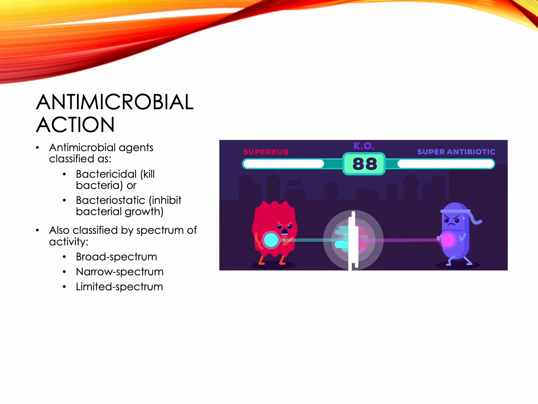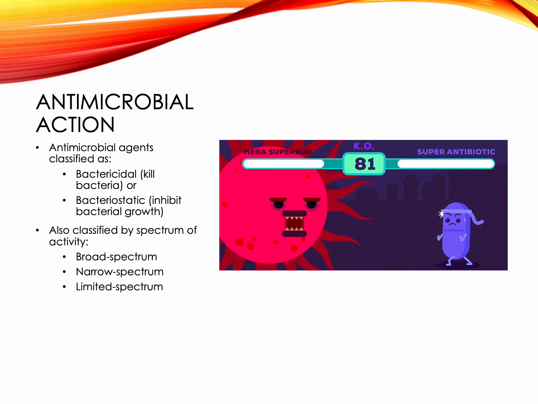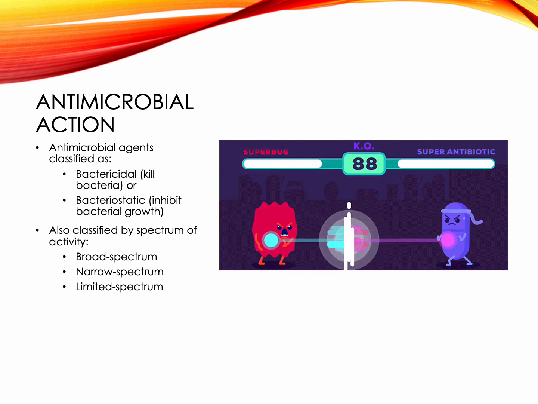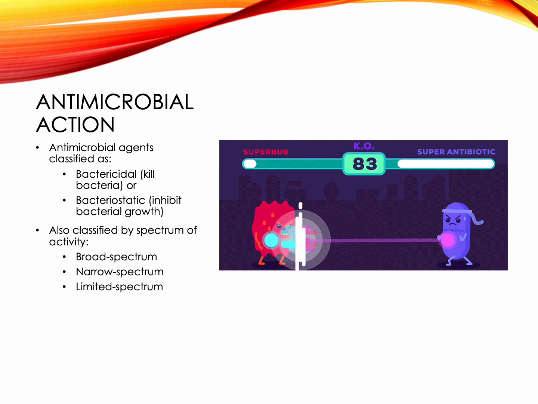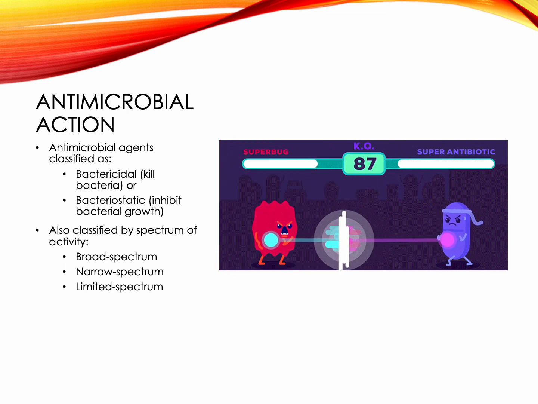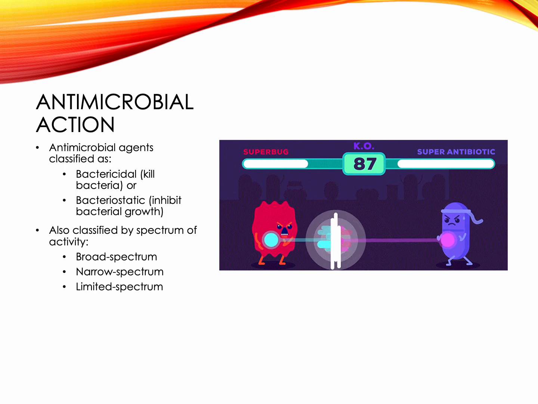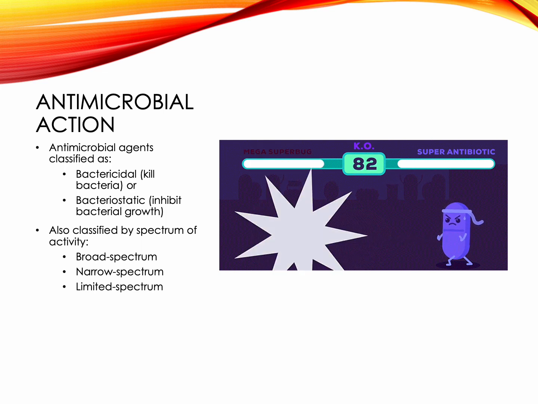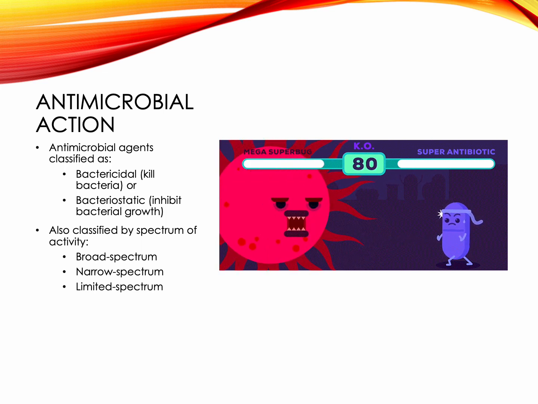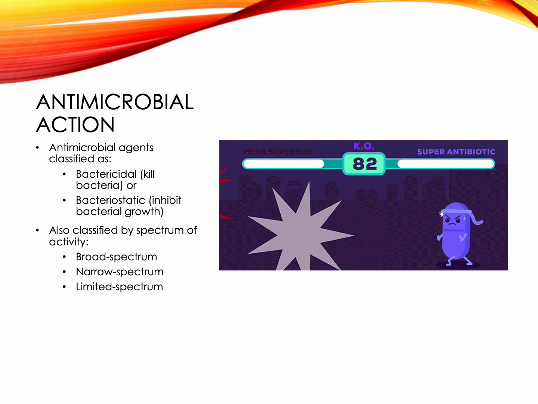So if you take a peek at box 5.1 in your text, you'll see a list of methods of antimicrobial action, which are inhibit cell wall synthesis, interfere with protein synthesis, alter cell membrane function, inhibit production of RNA or DNA, and interfere with cell metabolism.